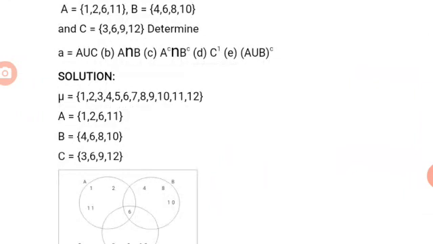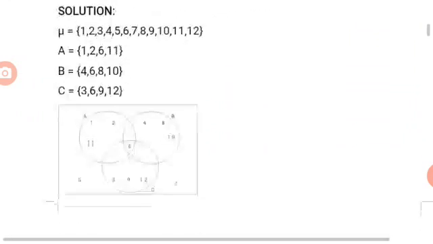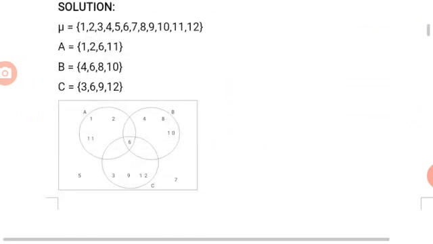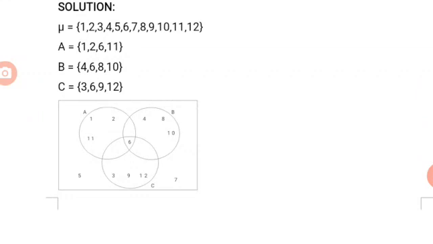Now, after drawing the rectangle and the three circles, that represents sets A, B, and C. Are we together?